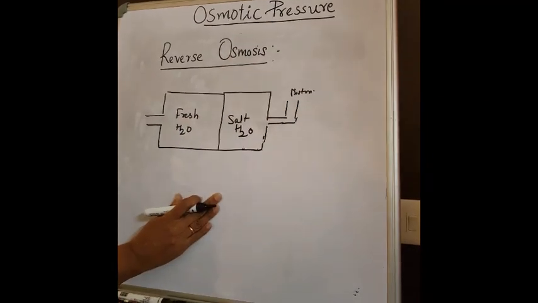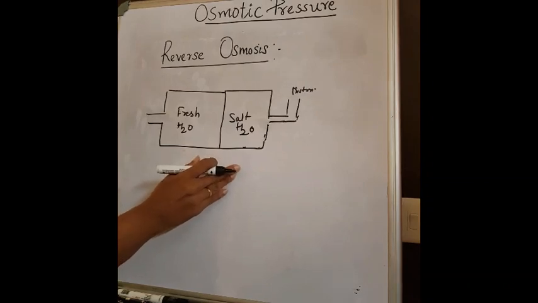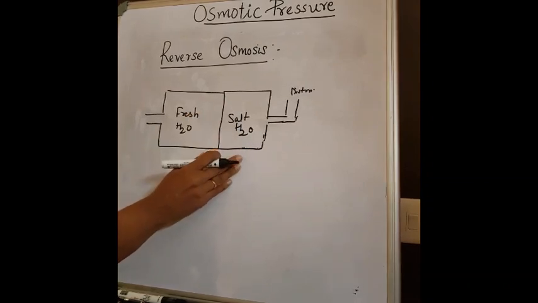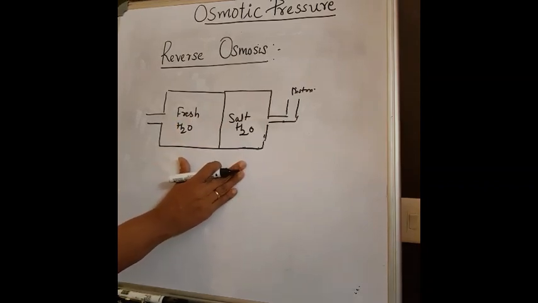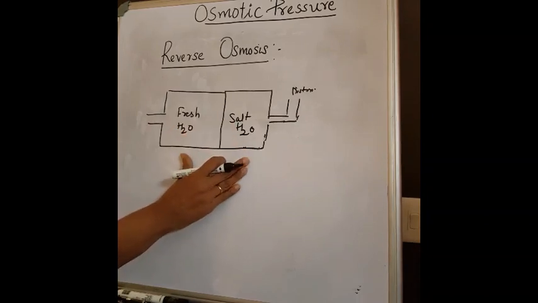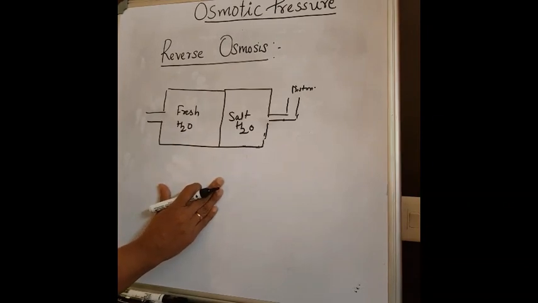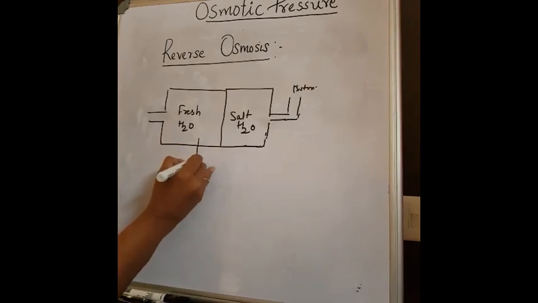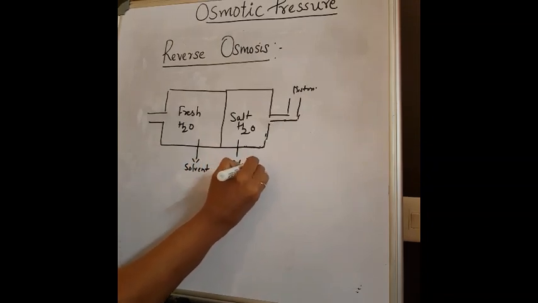Now what happens is, we can reverse the direction of osmosis. You know what is osmosis, correct? So you can reverse the direction of osmosis if a pressure larger than the osmotic pressure is applied on the solution side. That's it. This is the solvent and this is the solution, correct?